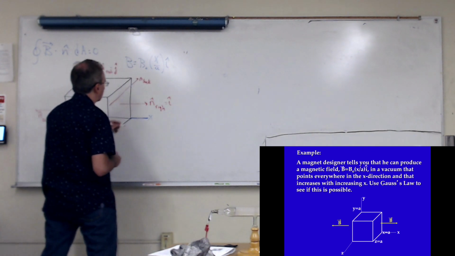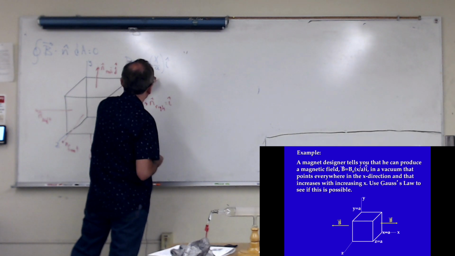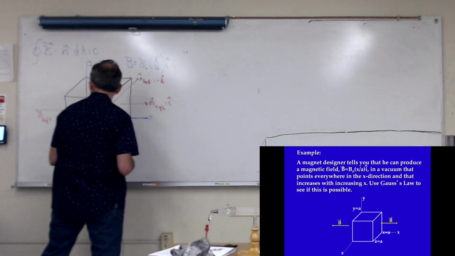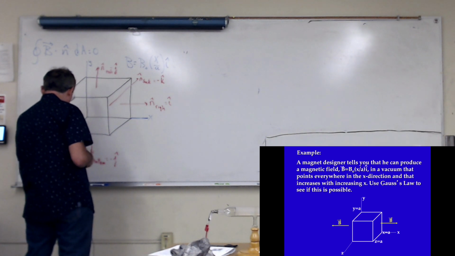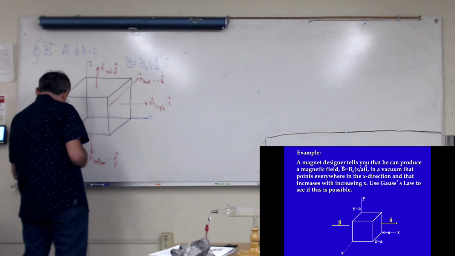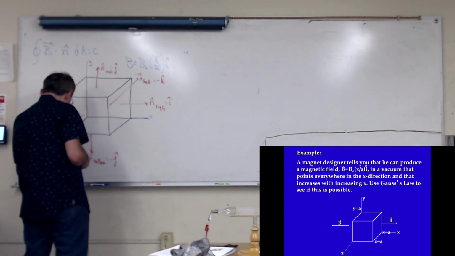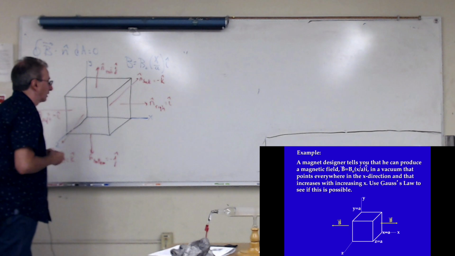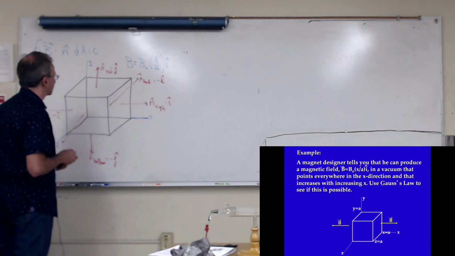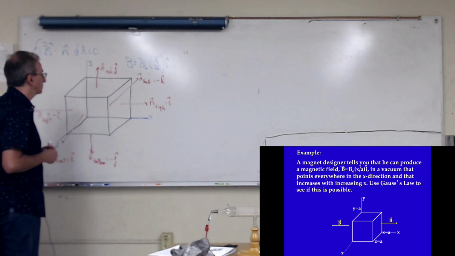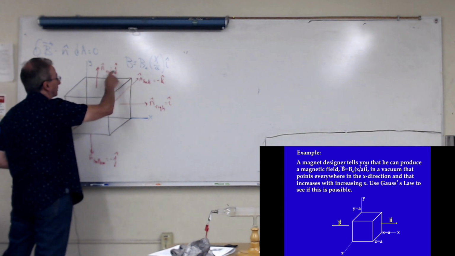This is in the minus k hat direction. I have to take the dot product of this field with all these unit vectors. What is the dot product of this field with this vector?